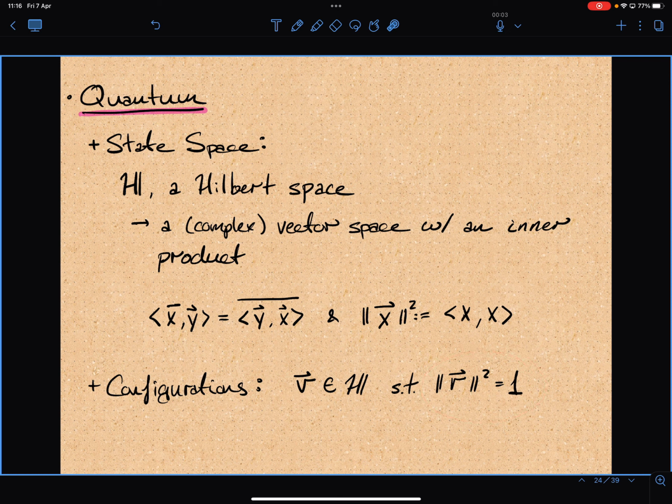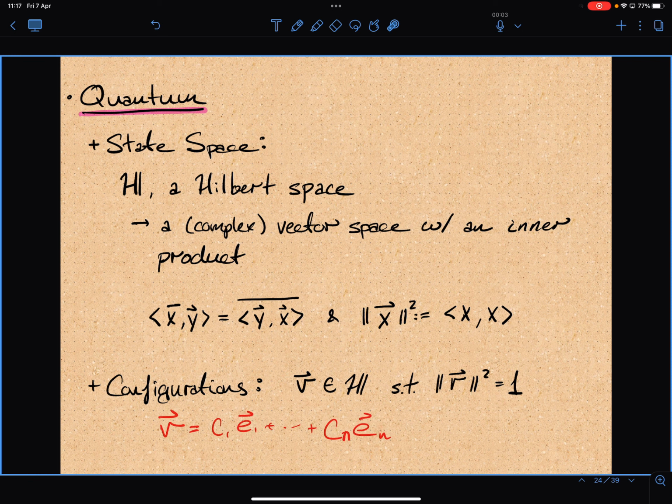What you want to think about is that a vector, if you have a specific basis, you can write it as a linear combination, C1 times E1 plus dot dot dot plus Cn En, of some basis vectors E1 through En.